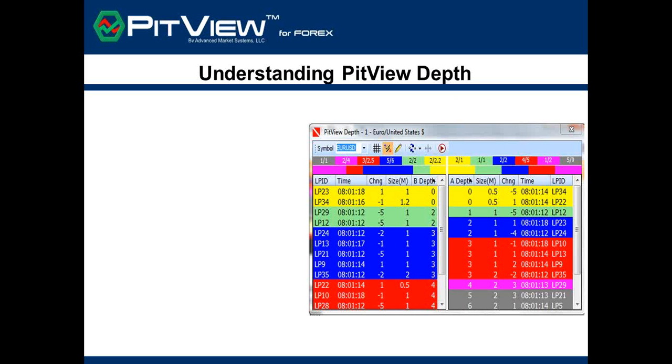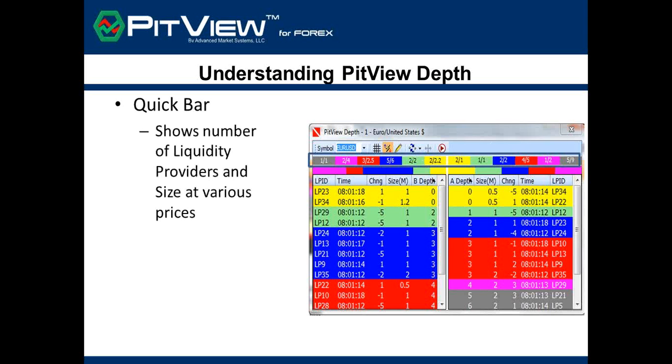Now, again, just going through the basic columns, the quick bar up in here that you often get a lot of questions on. I call it the quick bar because it's going to quickly show you the number of liquidity providers, the best bid and the best ask price. The left-hand number shows the number of liquidity providers at the best bid or ask, and the right-hand number shows the actual size at the best bid and ask price.